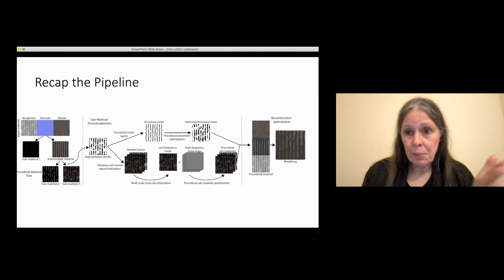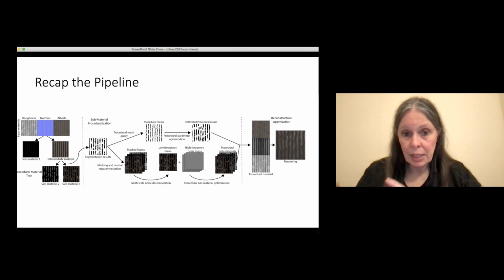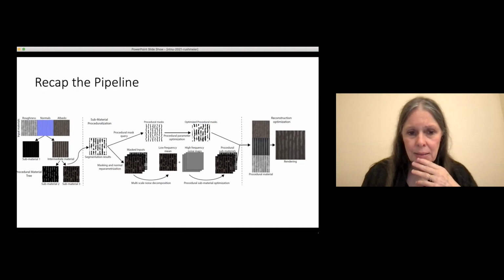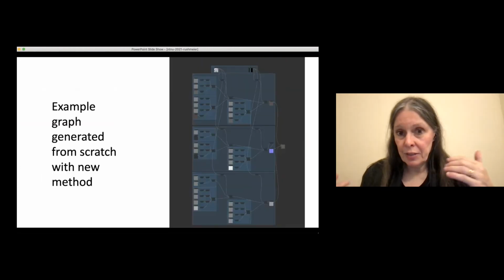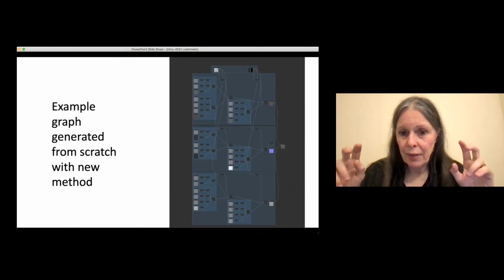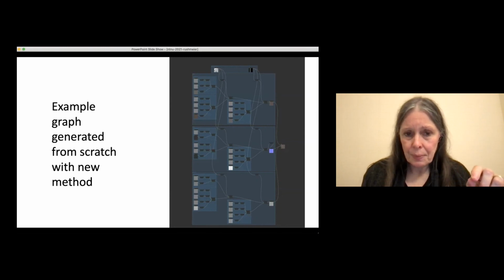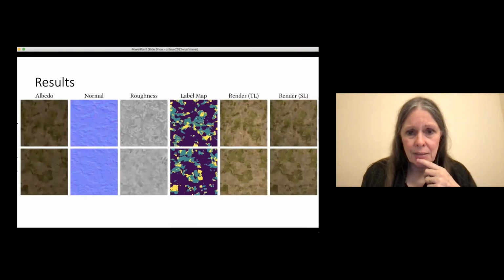This is our pipeline then for segmenting and then hierarchically multiple times, and then proceduralizing each leaf material and proceduralizing the masks. And even though this is building sort of simple node graphs, it's non-trivial node graphs that we produce.